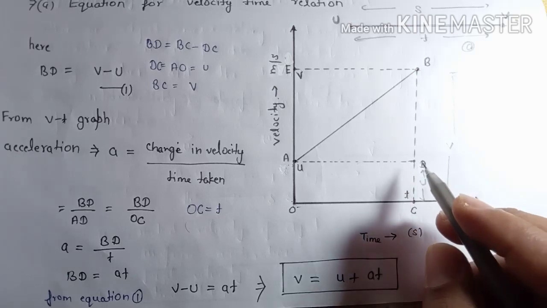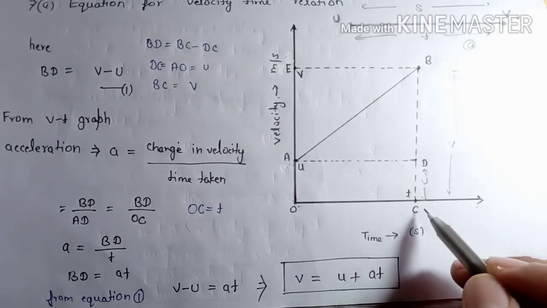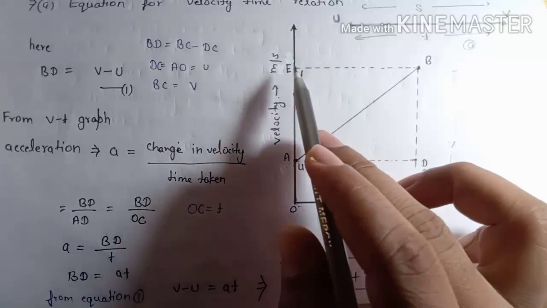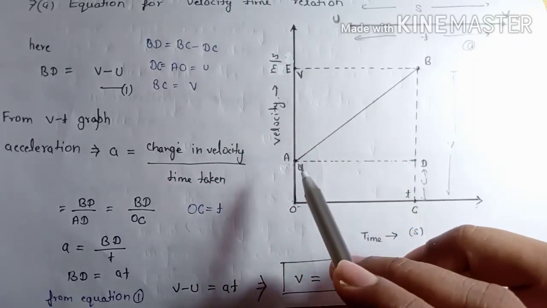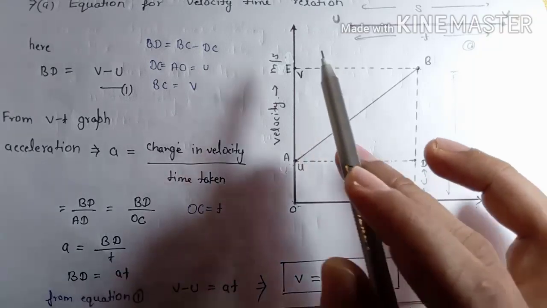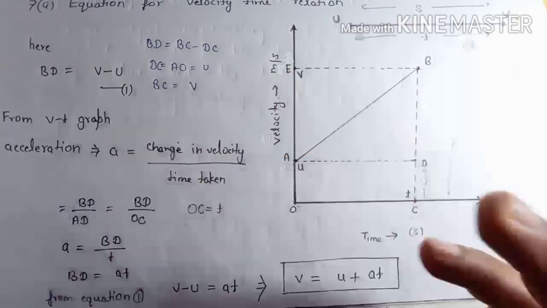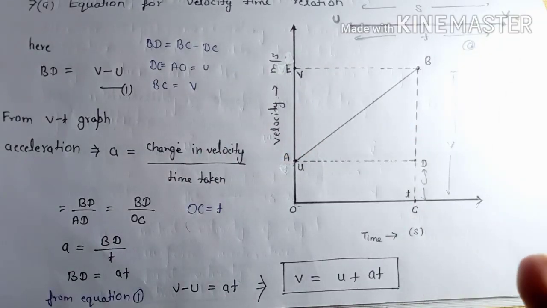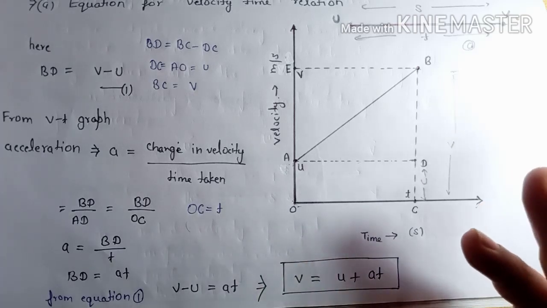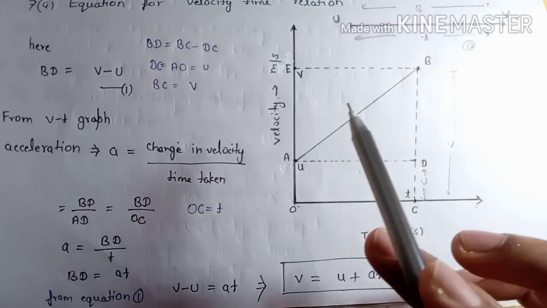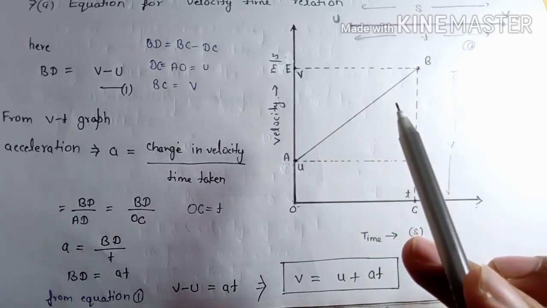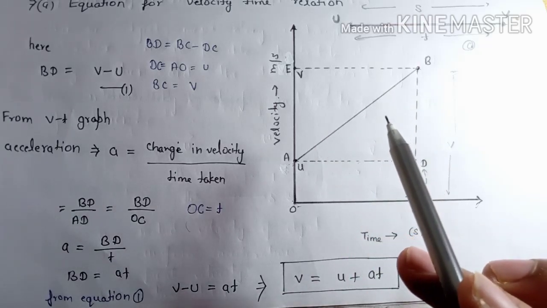And what is the change in velocity in time t? The change is v minus u. If I consider the initial velocity is 5 meter per second and the final velocity becomes 20 meter per second, how do we get the change in velocity? You have to subtract the velocities. In that case, 20 minus 5 is 15 meter per second, this velocity is the difference that you attain in that time period.